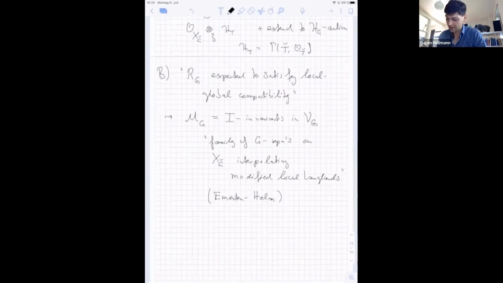Okay, and so what is this supposed to mean? So this has two features. First of all, it has again something to do with this generic representation, which is the compact induction of this generic character, and then again you project it maybe down to the Bernstein component we are dealing with.